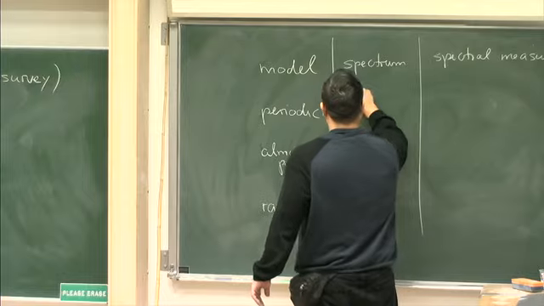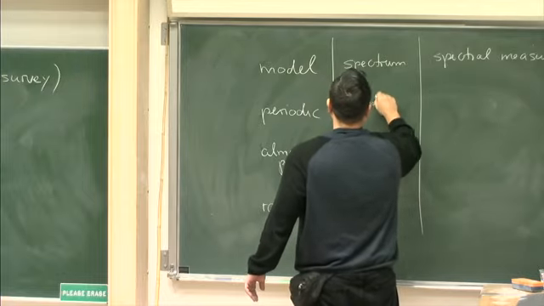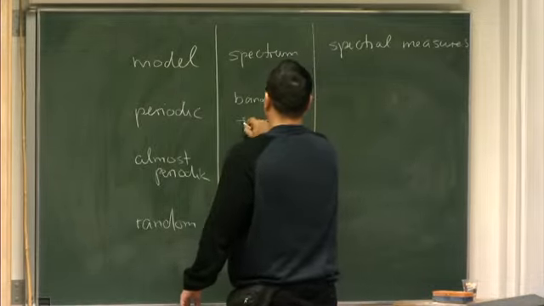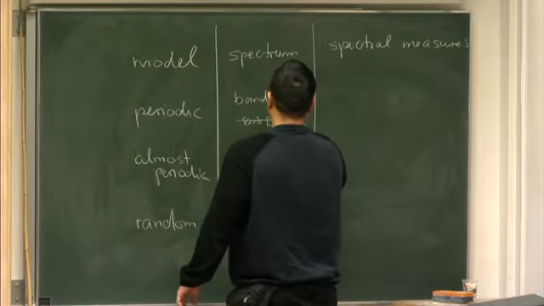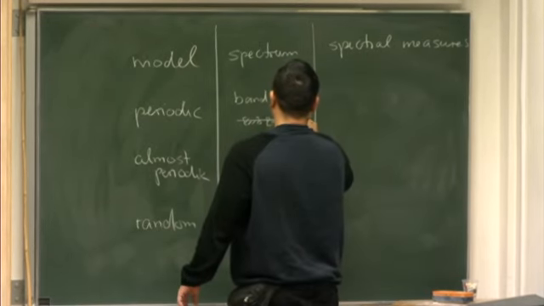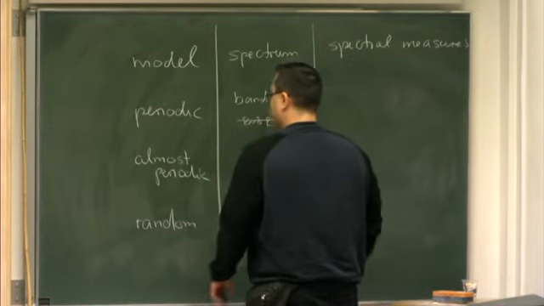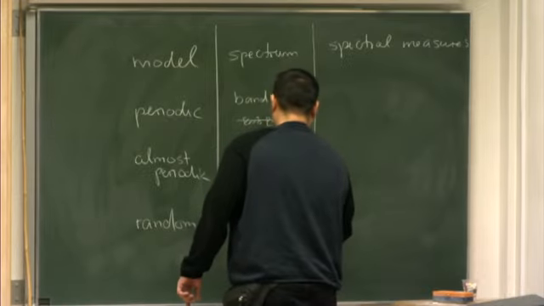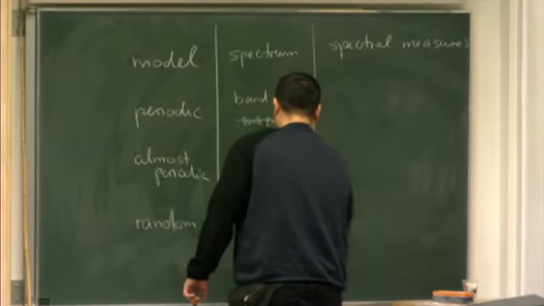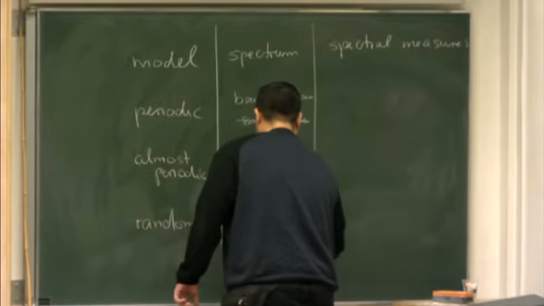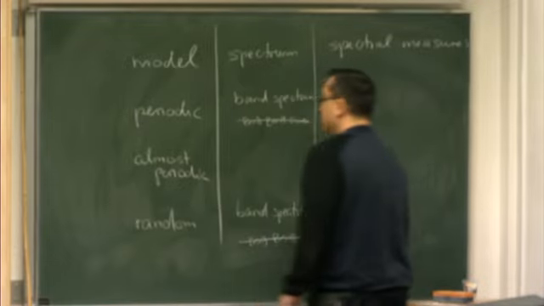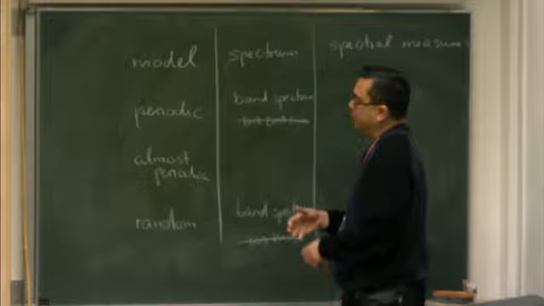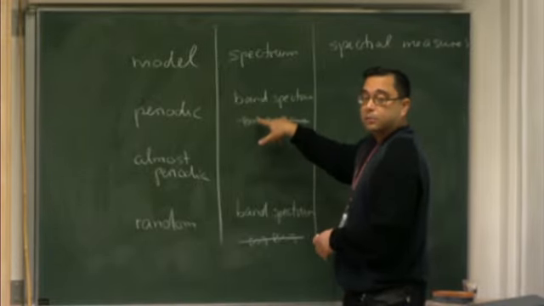So here we have band spectrum. This was explained yesterday. So the spectrum consists of a union of non-degenerate intervals, like this. And here also. Okay, and so in the almost periodic case, just because you include the periodic case, you could in principle observe band spectrum.